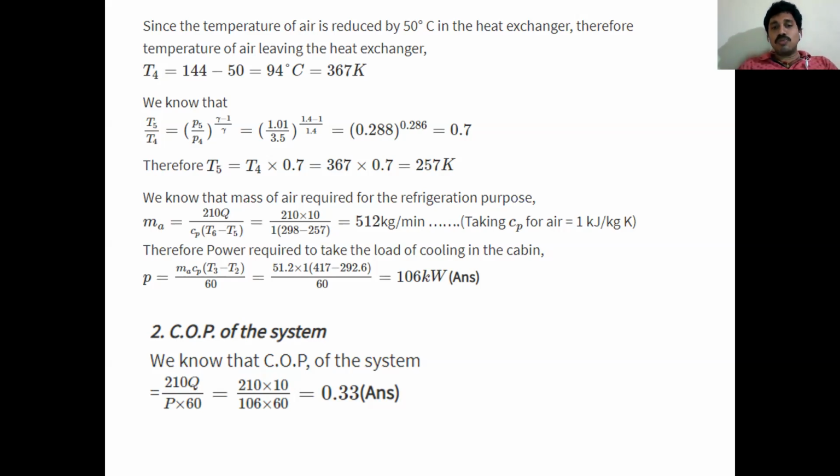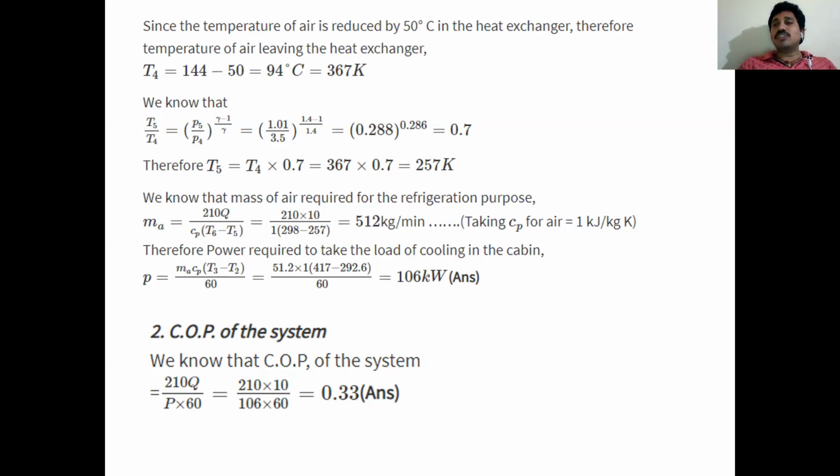So 210 Q is in kilojoules per minute, and power times 60 is kilojoules per minute. Otherwise, you can go with kilojoules per second: instead of 210, use 3.517, then you can keep the P value directly in the denominator. Then you will get kilojoules per second in both numerator and denominator, so the units will tally. So finally the COP value you will get is 0.33 for this problem.